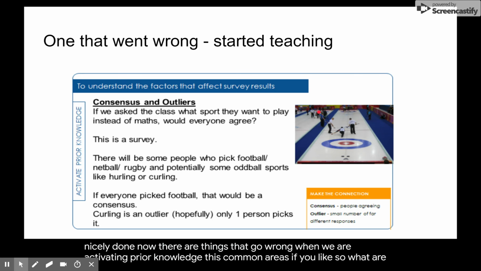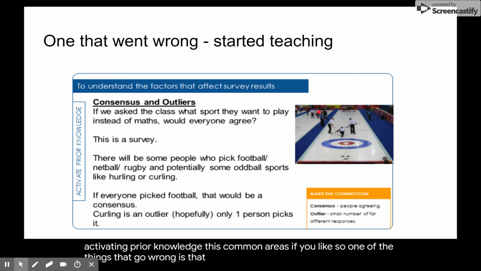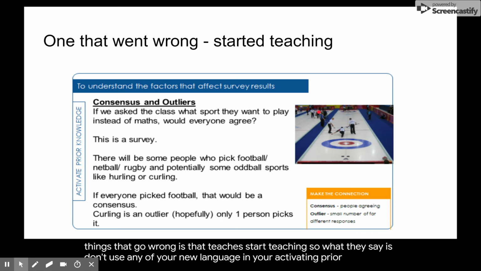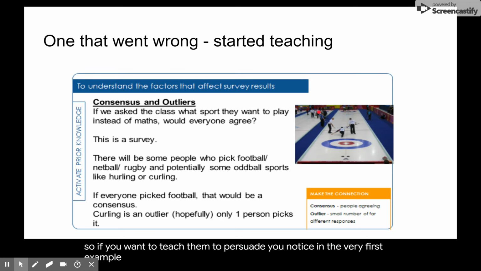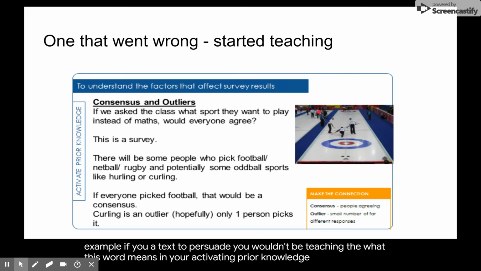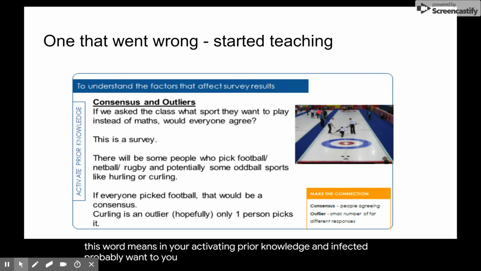So one of the things that go wrong is that teachers start teaching. So don't use any of your new language in your activating prior knowledge. If you're going to teach them to persuade, you'll notice in the very first example, you wouldn't be teaching them what persuade means in your activating prior knowledge. And in fact, you'd probably want to avoid that vocabulary altogether for something a lot more common.